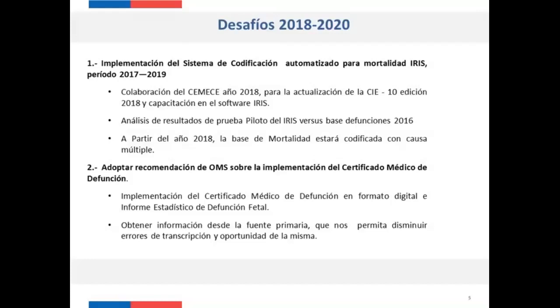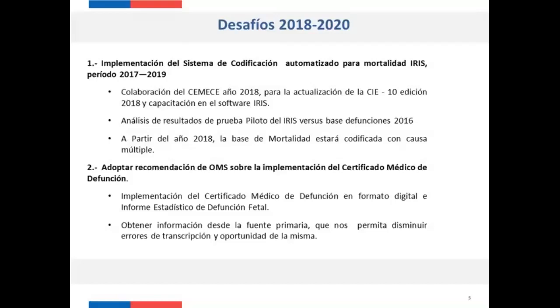And on the other hand, one of the challenges we have for this year is adopting the recommendations by WHO in our death certificates, which are actually so old. We have a certificate that is not complying with the recommendations by the WHO, does not have any questions about maternal mortality, but we are working on implementing the new medical death certificate, and in this case, this will be a digital certificate.